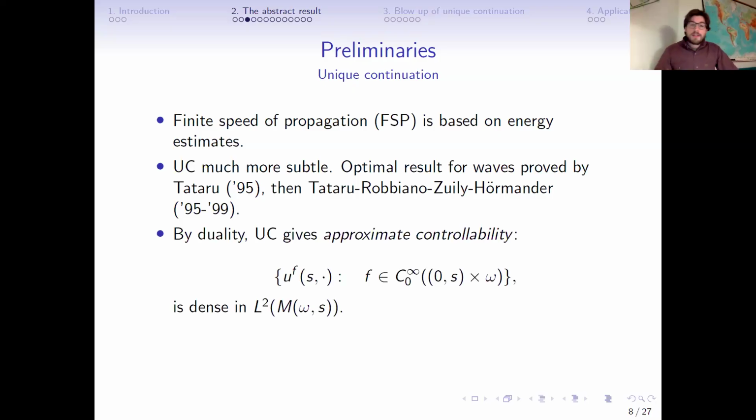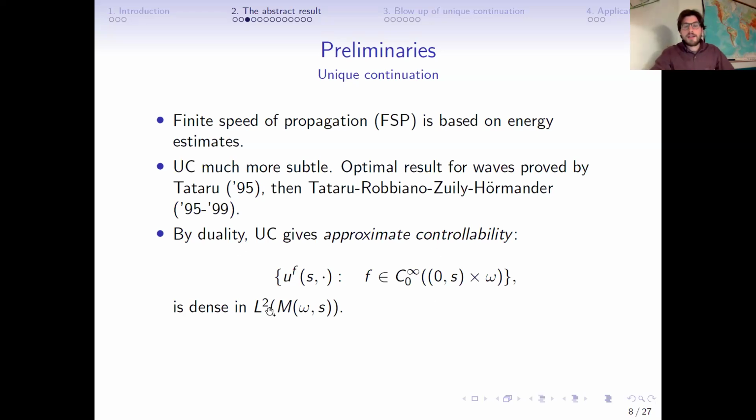Now the interesting fact, and this is what makes the link with control theory, is that by duality, an abstract functional analysis argument, one can show that this unique continuation property is really equivalent to what we call the approximate controllability property.